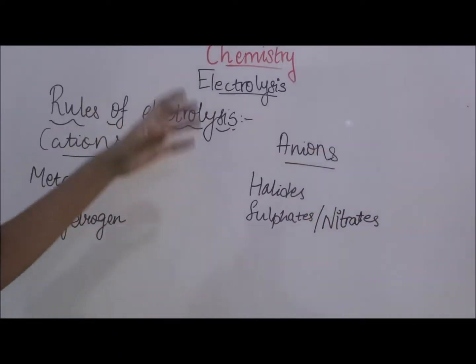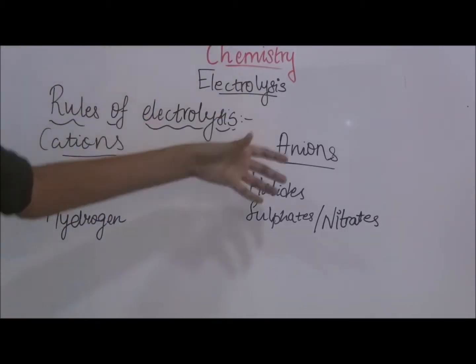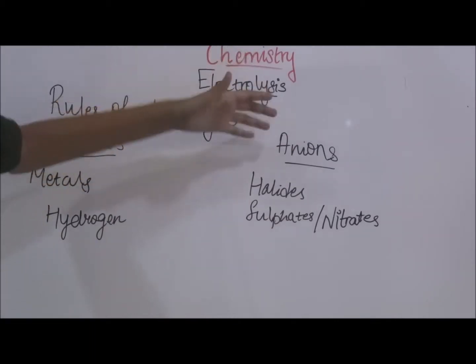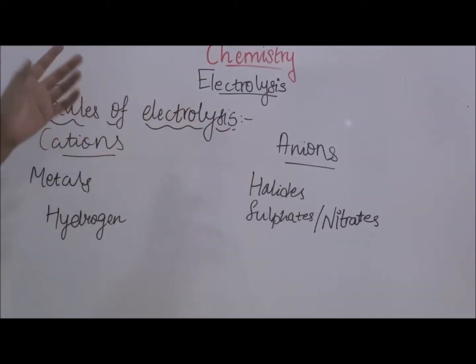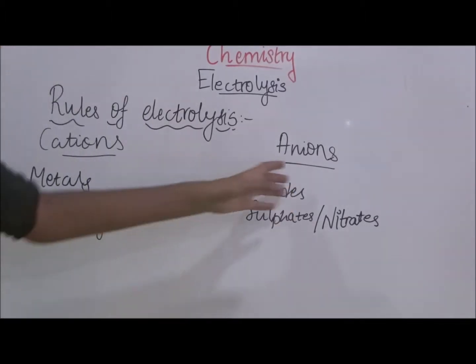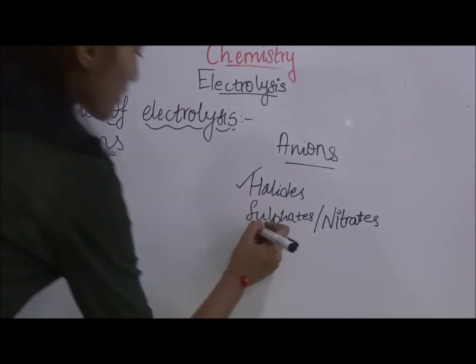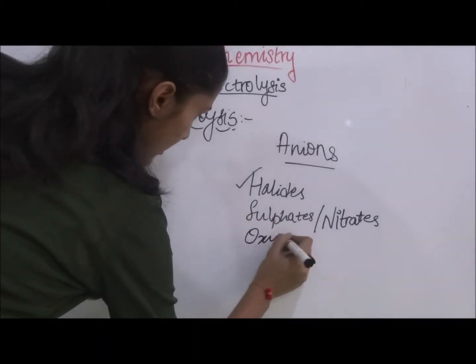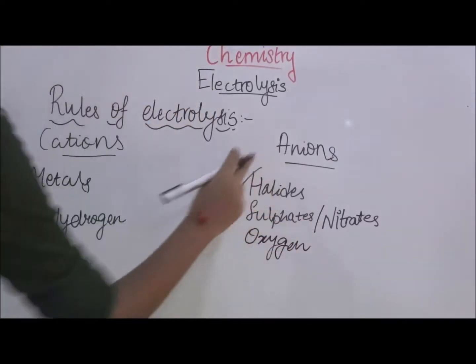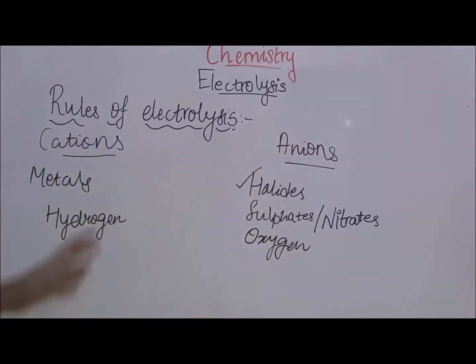So let's look in detail first at anions. For anions, there is only one major rule. At the positive electrode or the anode, only two types of anions can form. Either halides will form at the anode, or you can have oxygen forming at the anode. Now I'll explain how oxygen forms at the anode.